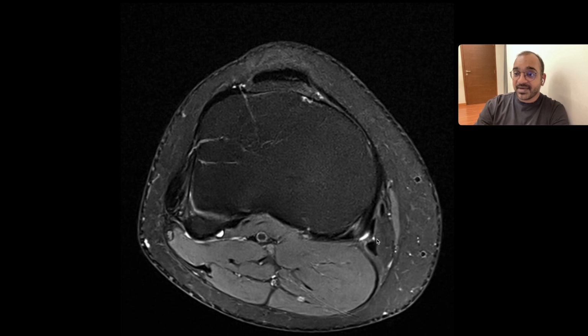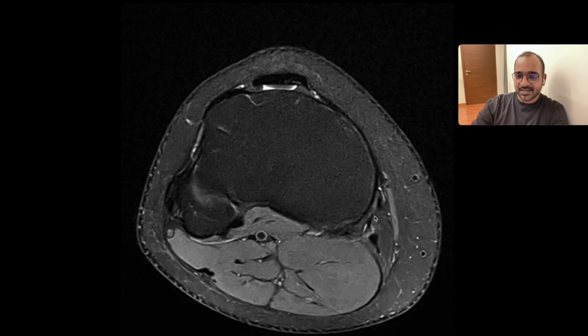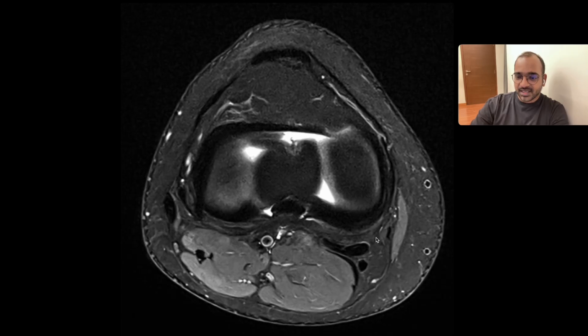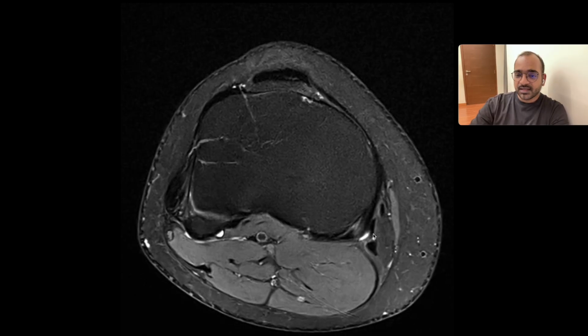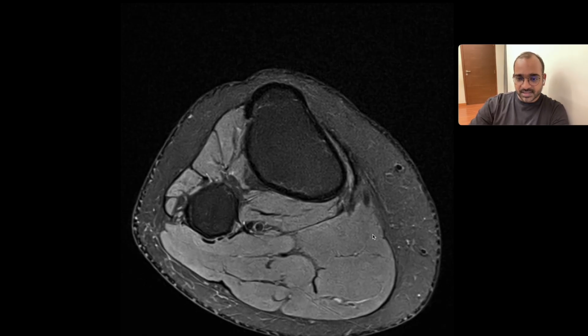Next, semitendinosus starts from the ischial tuberosity. So the ischial tuberosity is the posterior aspect. So these three tendons act like ropes which hold the tent. So they are called guy ropes. And the bursa we see in between these three is the pes anserinus bursa.